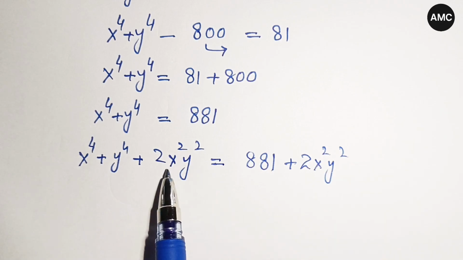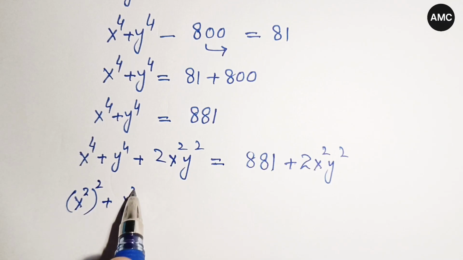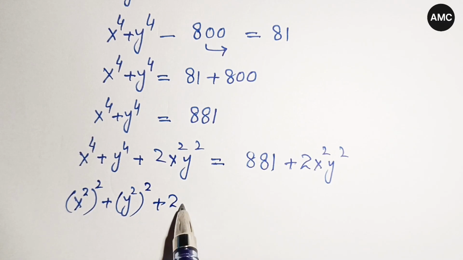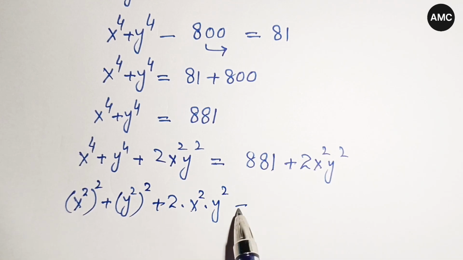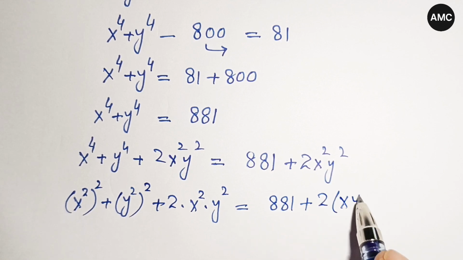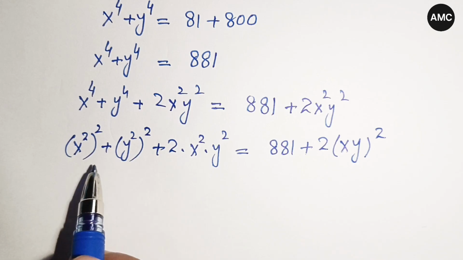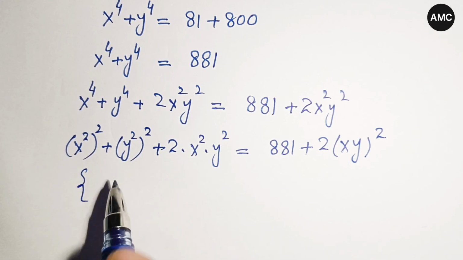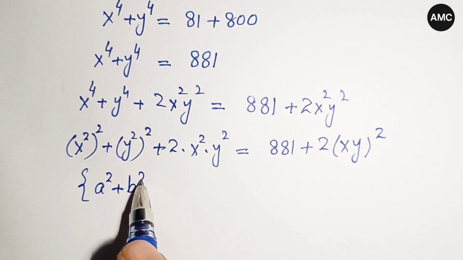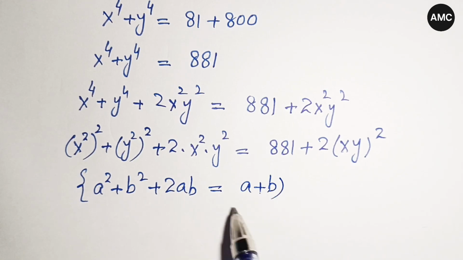So we have added 2x squared y squared on both sides. Now we have (x squared) whole squared plus (y squared) whole squared plus 2 times x squared times y squared, which is equal to 881 plus 2 times x squared y squared, written as (xy) whole squared. On the left hand side, it is actually a plus b whole squared, and we know that a squared plus b squared plus 2ab is equal to (a plus b) whole squared.